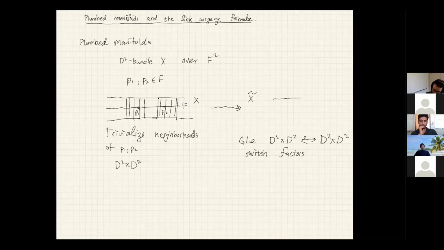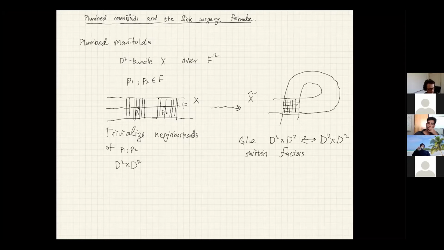This will give me another manifold, which I can maybe draw like this. So that gives me a 4-manifold, X tilde.